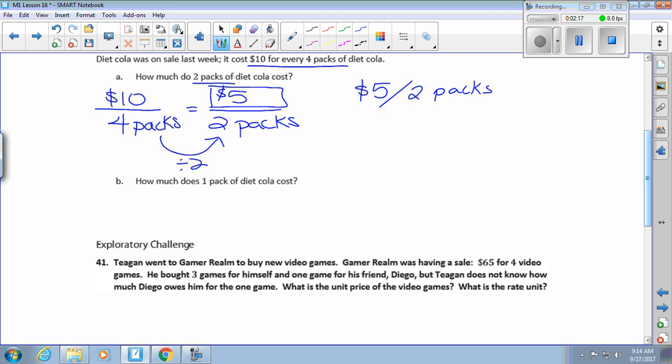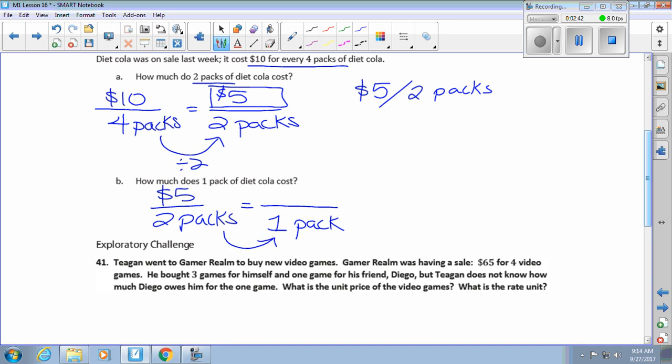What do you think, Jaden? I think we should divide it by 2 again. Okay, so we're going to take the $5 for 2 packs and divide it by 2. So $5 for 2 packs, we're going to scale that down to 1 pack.